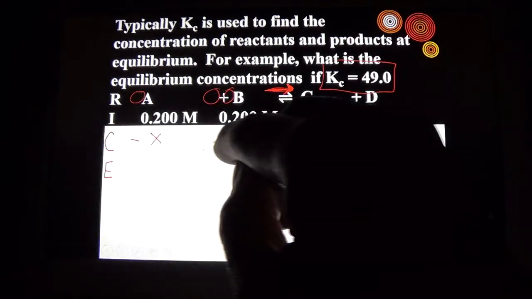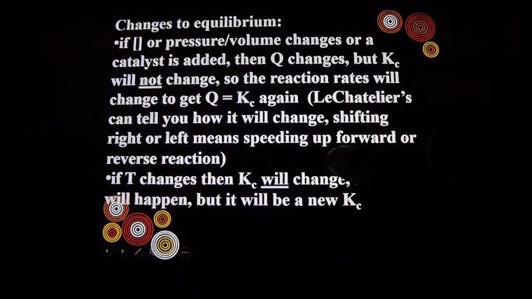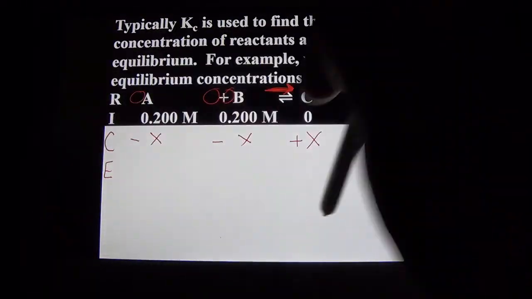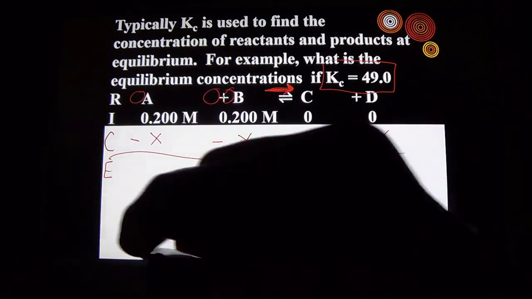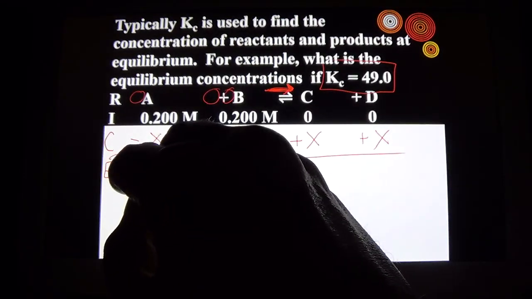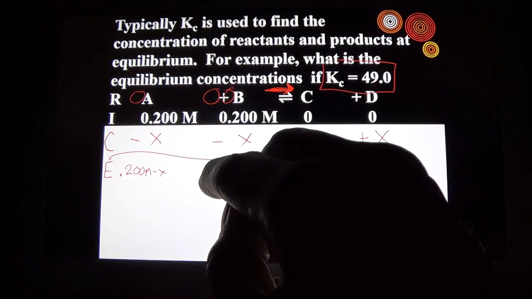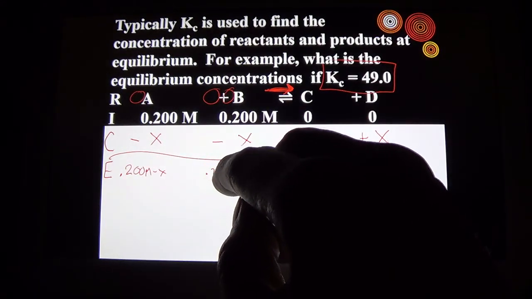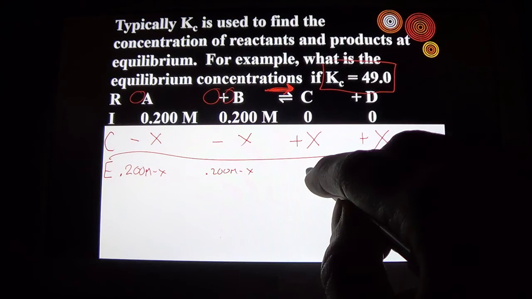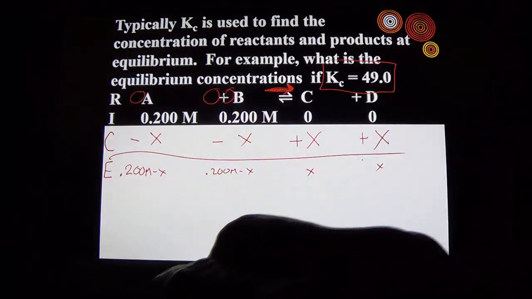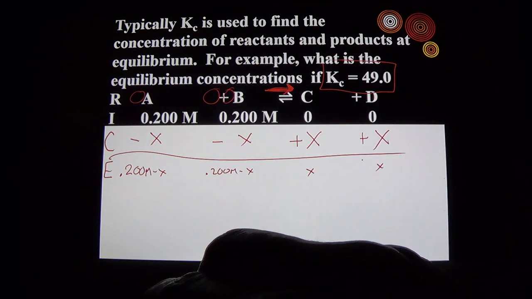And so what do I have at equilibrium? Well, that didn't work. Okay. What do I have at equilibrium? I have 0.200 molarity minus X, 0.200 molarity minus X, and I have X and I have X. Okay?